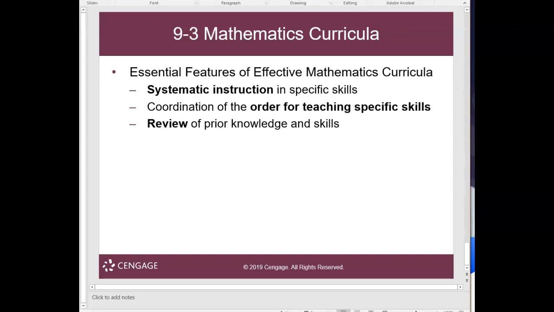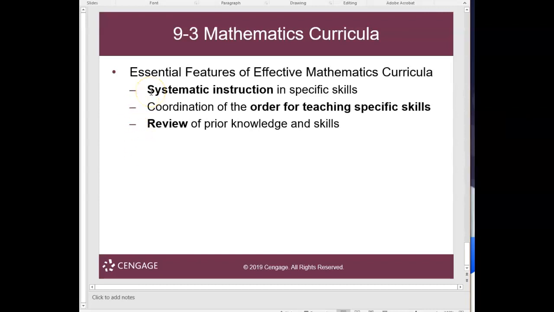What do they need to know before they get to this particular skill, but what might we be working on at the same time? And you also want to make sure that you are constantly reviewing prior knowledge and skills. So especially in math, you're not just going to teach them something once and then be like, okay, well, we're never going to see that again. Bye, see you later. No, especially in math, and especially for these students, review often, okay?